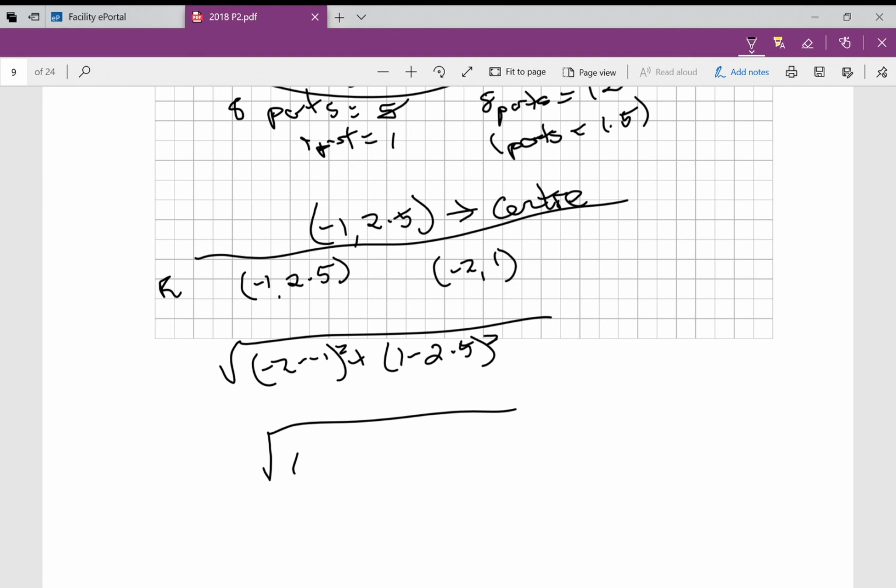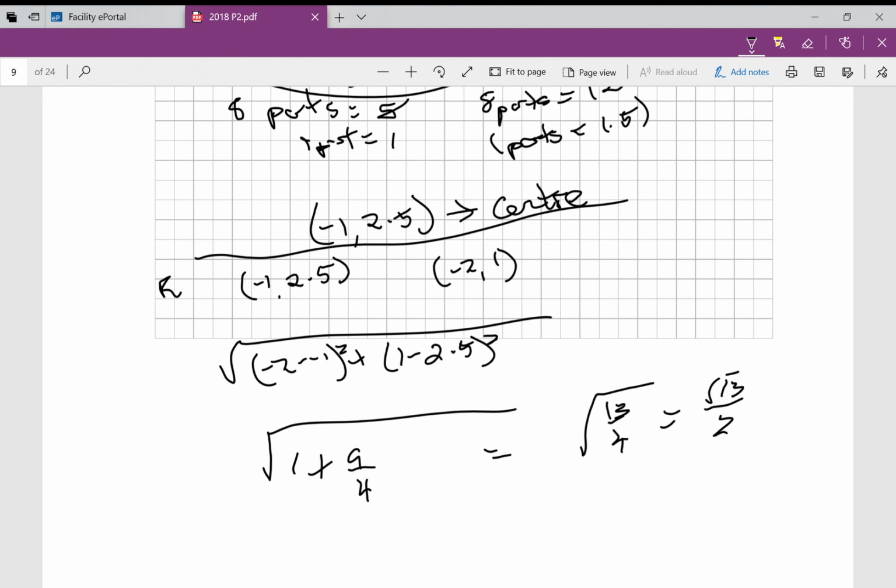Minus 1.5 squared is plus 9 over 4. So that would be the square root of 13 over 4, which you can write as the square root of 13 over 2. So that's the radius.